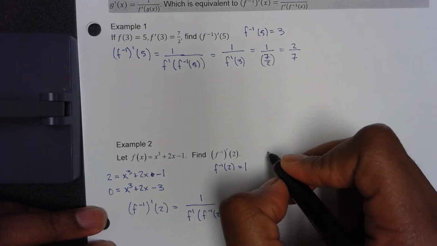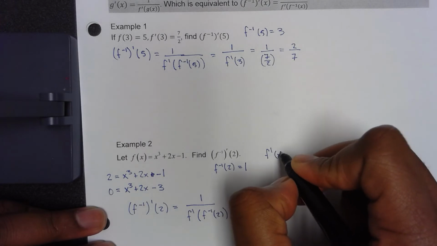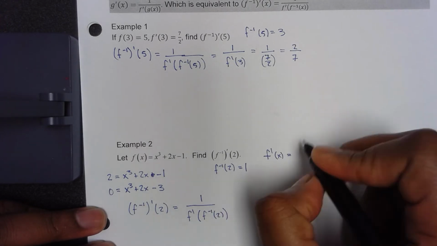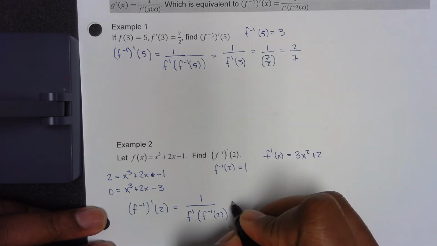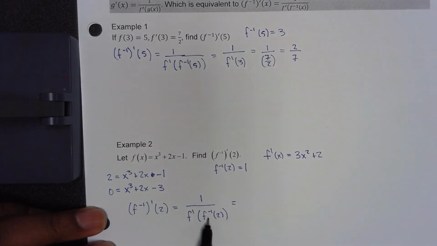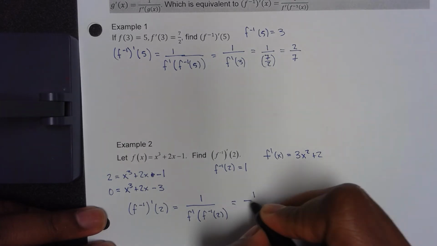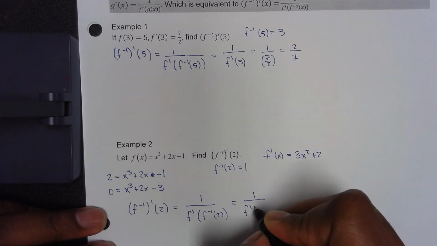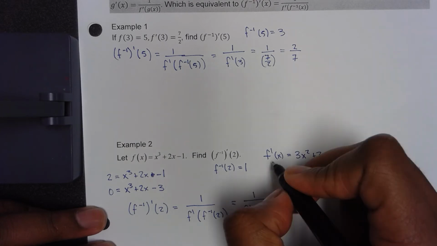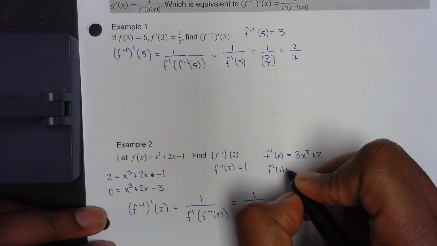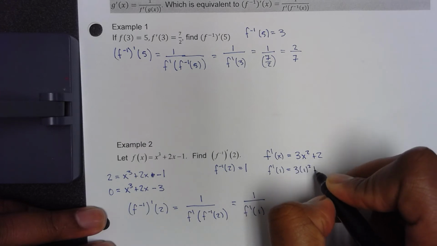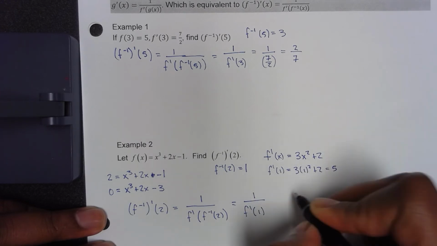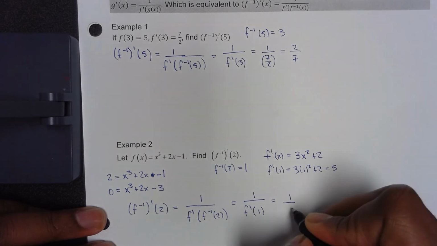That would be f prime of x equals 3x squared plus 2. So we established that f inverse of 2 was 1, so we're looking at 1 over f prime of 1, and f prime of 1 is simple to calculate. That would give us 3 times 1 squared plus 2, which equals 5, so this equals 1/5.